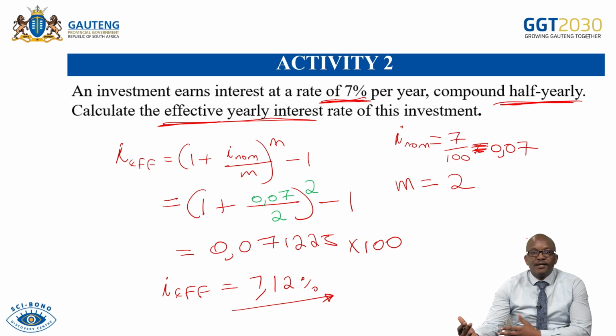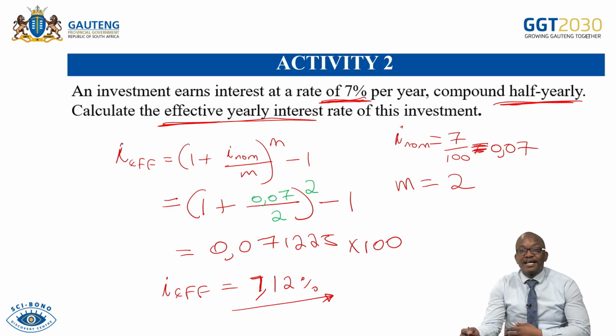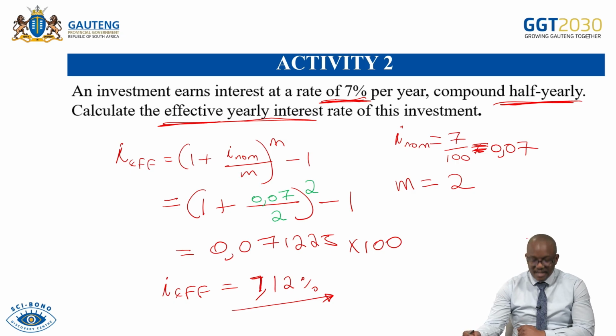And remember, they will always tell you that you must round off to 2 decimal places unless stated otherwise. That is one of our instructions in the instructions of the question paper. So that is how you calculate your effective interest rate in activity 2.